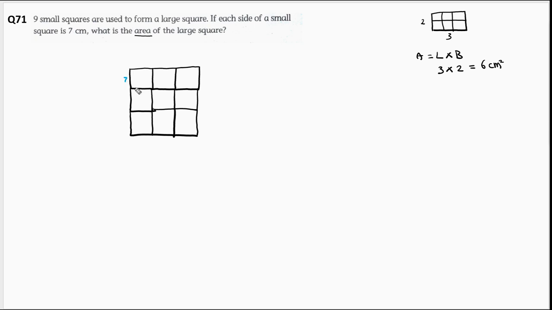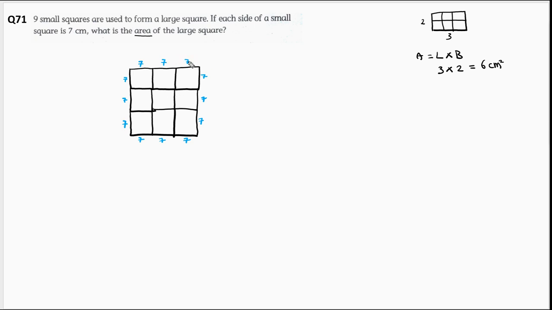So this is 7, this is 7, this is 7, as is this, and so on. I'm not going to write in all of them because everything's 7.